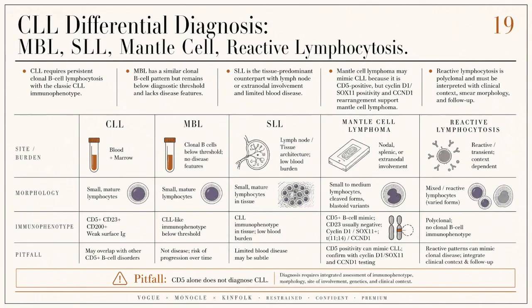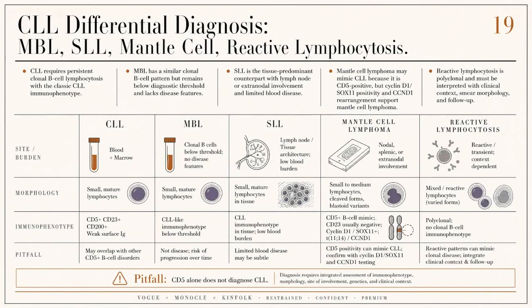For histotechnologists, understanding these differences informs specimen triage, fixation protocols, staining strategies, and the selection of ancillary studies such as immunohistochemistry, flow cytometry, and molecular testing. This slide focuses on 4 entities that frequently enter the differential diagnosis of CLL: monoclonal B-cell lymphocytosis, MBL, small lymphocytic lymphoma, SLL, mantle cell lymphoma, MCL, and reactive lymphocytosis.